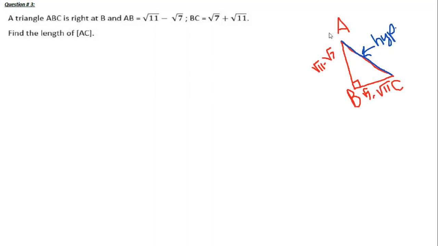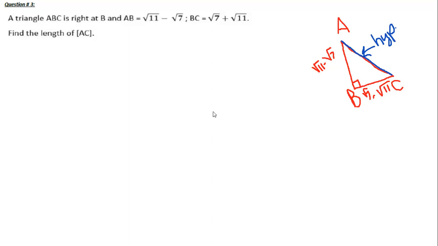Whenever we are given a right triangle, and in any triangle we have three sides, whenever we are given the measure of two sides and there is a missing side measure, always think of using the Pythagorean theorem to find the measure of this missing side, because it is applied in a right triangle.